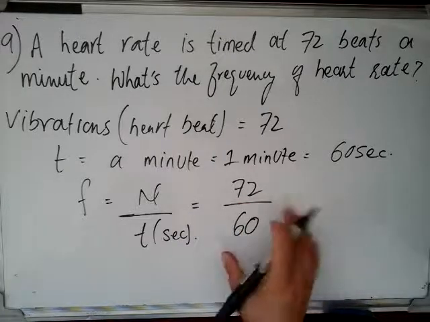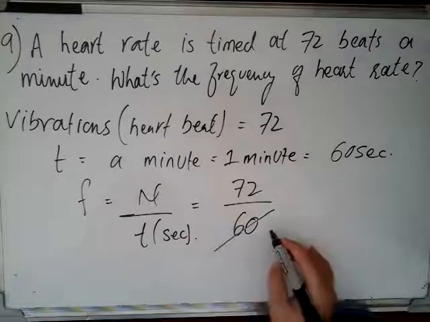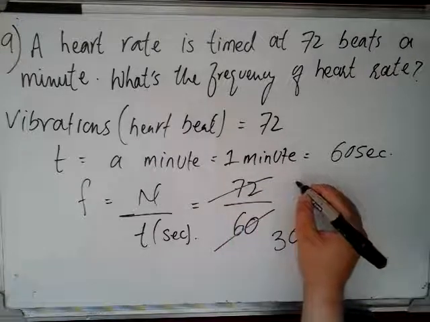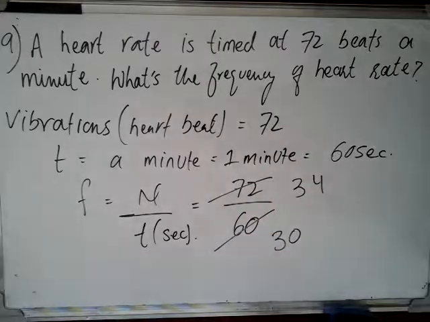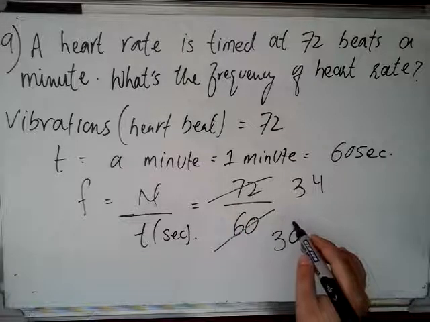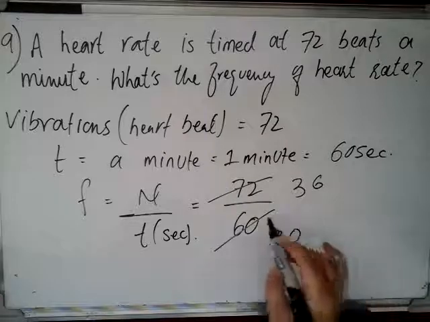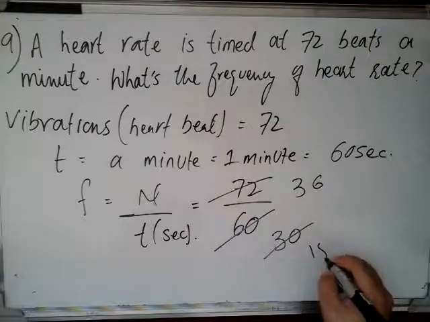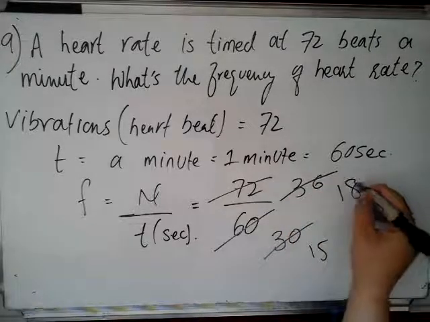Okay, now let's do the cancelling of the numbers. 72 and 60, if we divide by 2, 3, 6, 36, then 30. Dividing again by 2, 36, 18, and 30, 15.